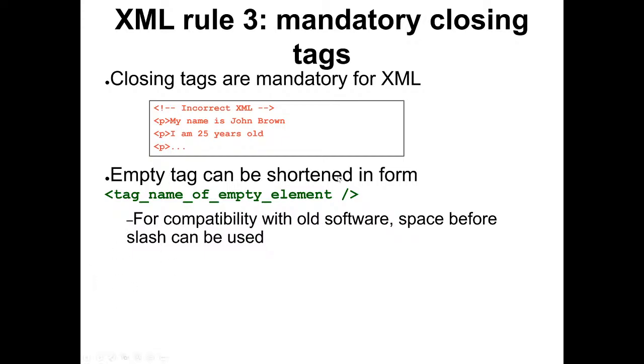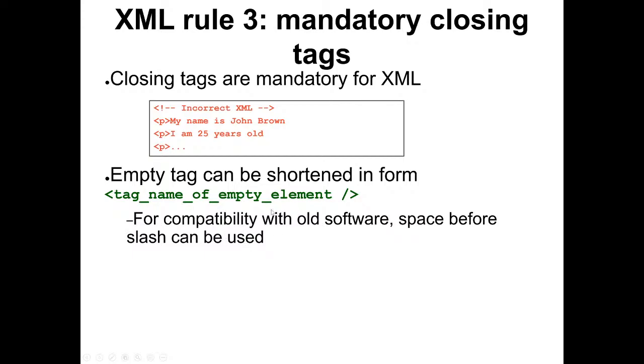And empty tag can be shortened this way, which can also be done in XML. If you just need to add some attributes for the tag and don't have the element under the tag, you have only attributes, for example, you can shorten it this way.